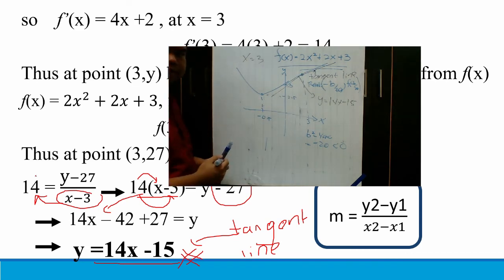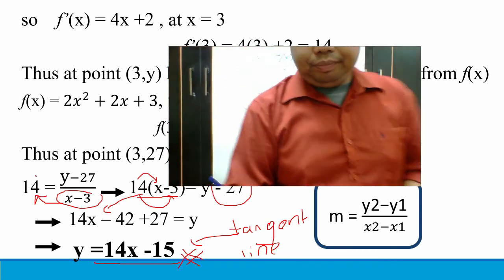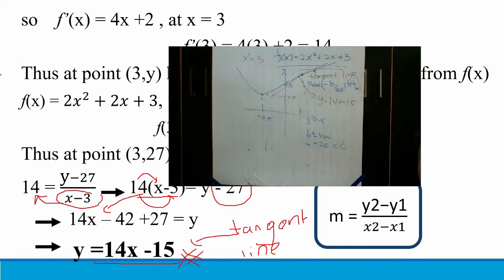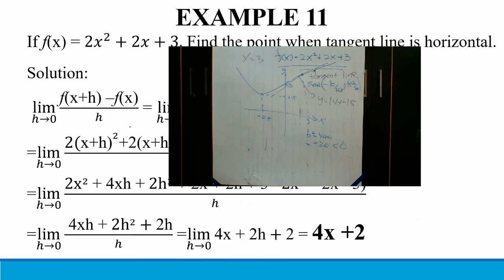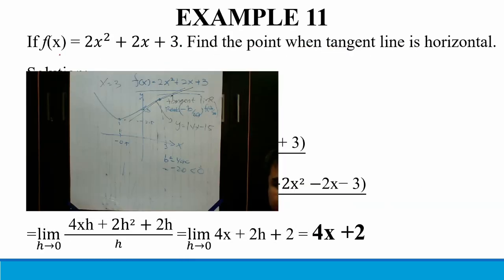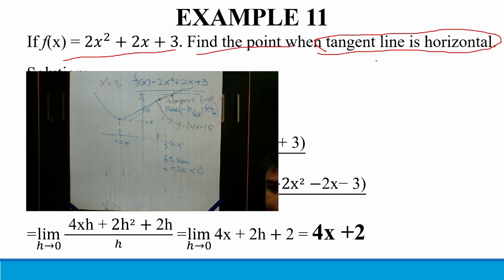Let's look at the next one. For the same question, you want to find the point when the tangent line is horizontal.